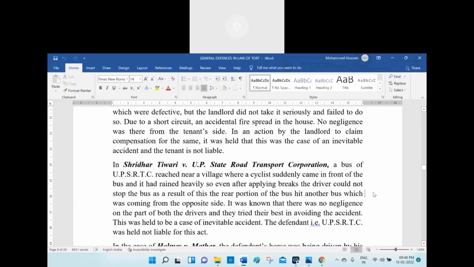See, UPSRTC, is it an initialism, acronym, shortening or contraction? Initialism, sir. Initialism, because UPSRTC means we are uttering the letters.